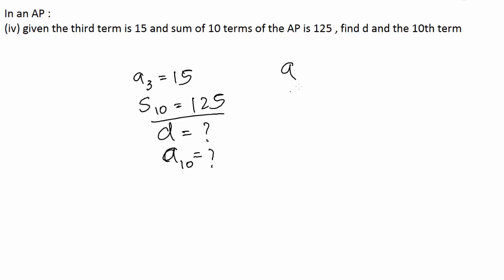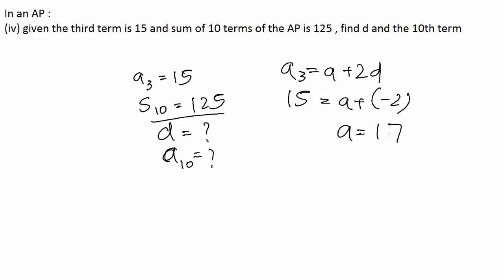Now we have the equation a3 is equal to a plus 2d. Now a3 has been given as 15 is equal to a plus, we just found out d is minus 1, that is minus 2. Okay, so a will be equal to 17. Now we are going to substitute that in this. We need to find a10.